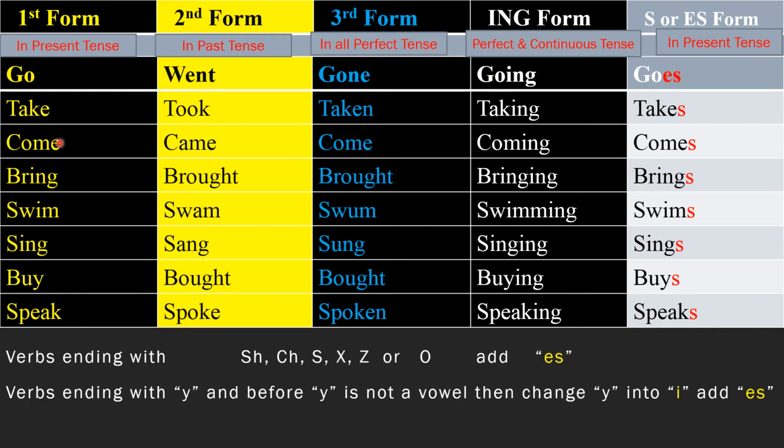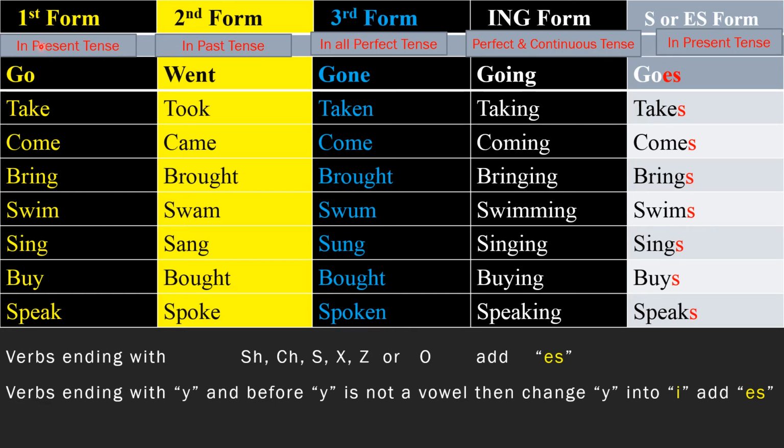So only when the verb is ending with the letter e, which is a vowel, then e is dropped and ing is added when we make the ing form of the verb. So these all are called irregular verbs, but they all have the same forms: first, second, third, ing, s or es forms, right?